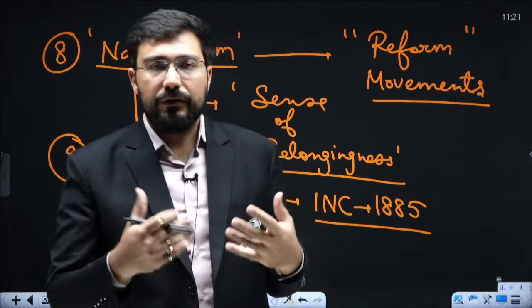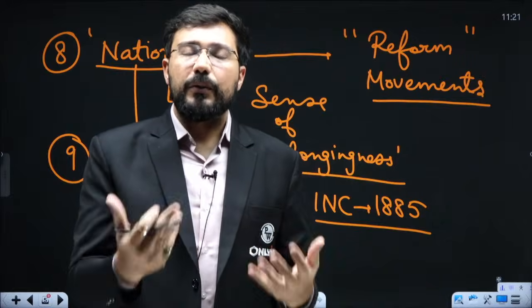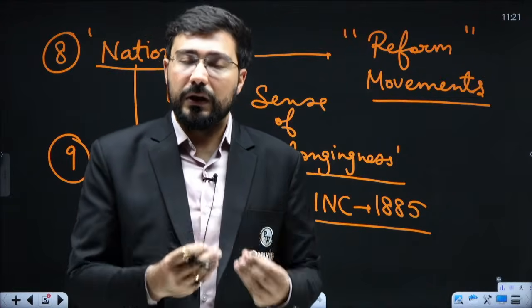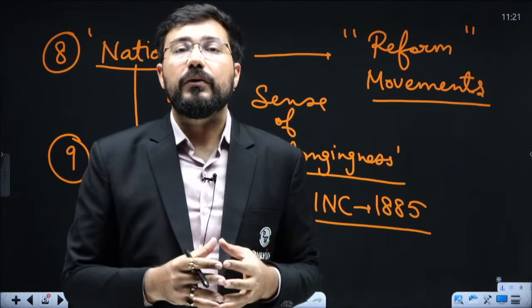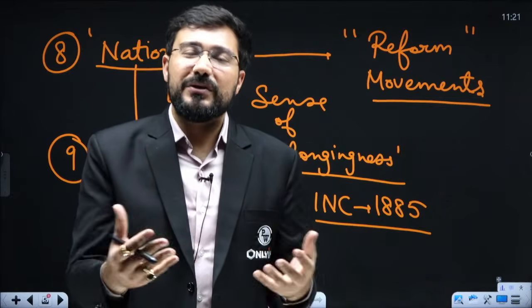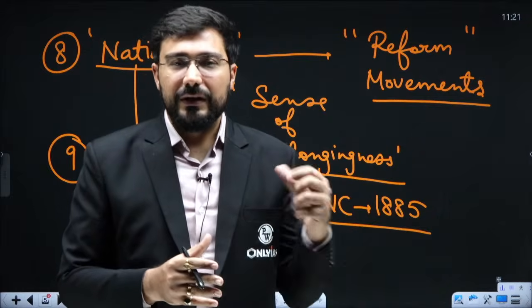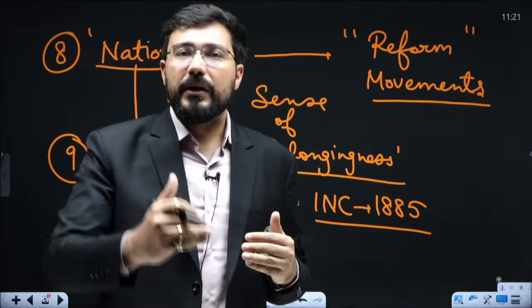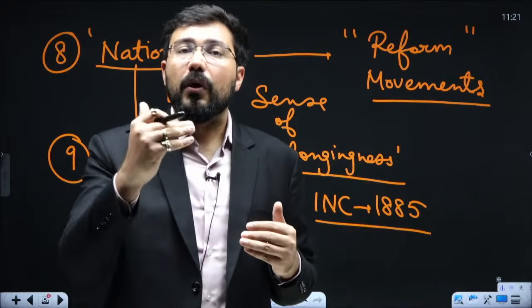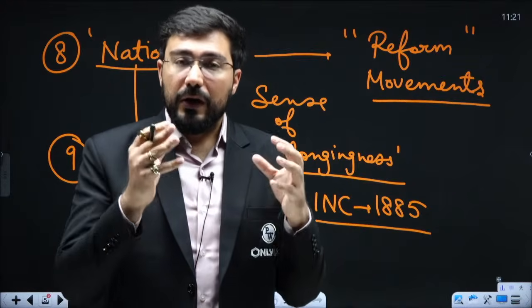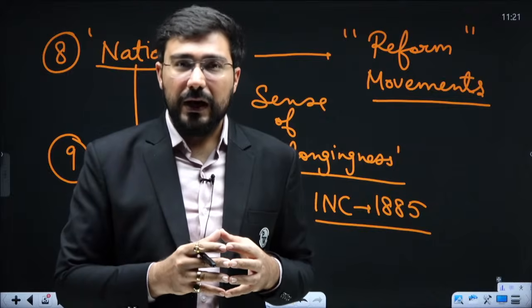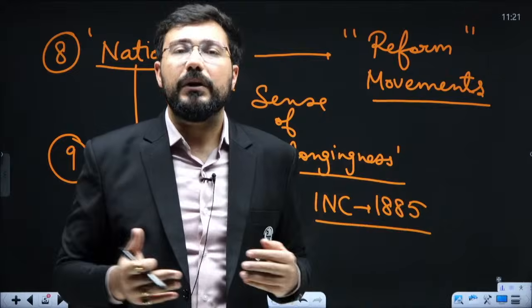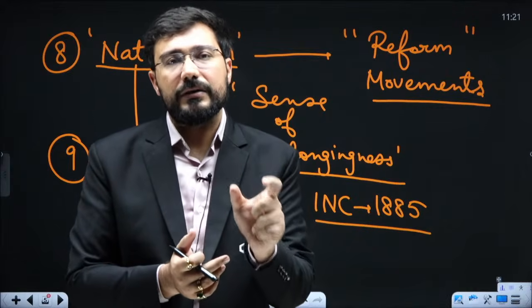If we call somebody a nationalist, that person would always go for things which are very important for our country. Somebody working for development is also a nationalist. When we were fighting against the British, it was about telling them what wrong things they were doing in India, or negotiating reforms that could help Indians. Protecting the interest of the Indian people is what the word nationalist is linked to.